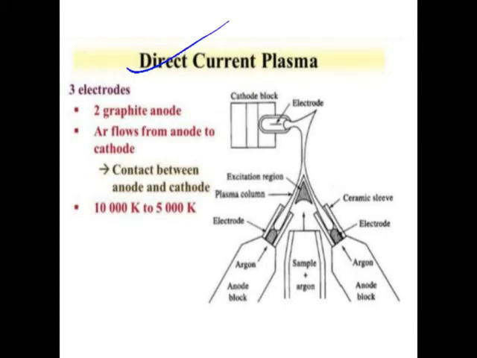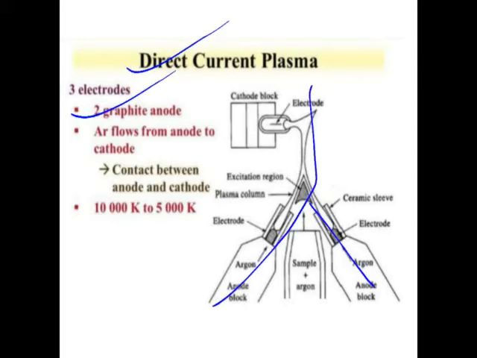The most common three electrodes present in the direct current plasma are two graphite anode blocks and a tungsten cathode block. They are generally arranged in a Y shape. So you can observe these are arranged in the Y shape.